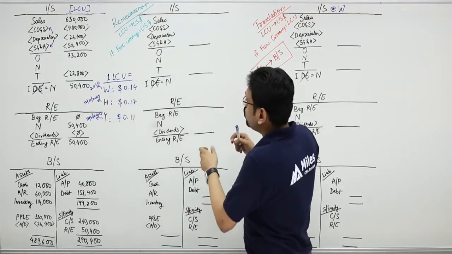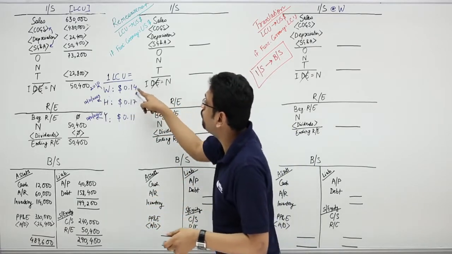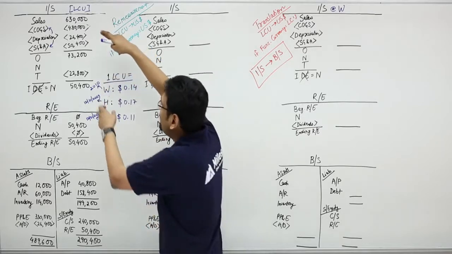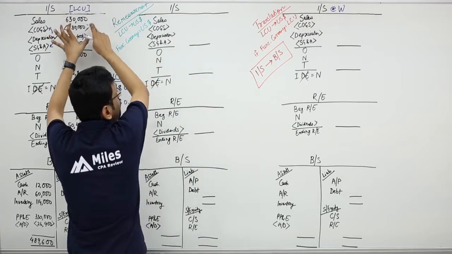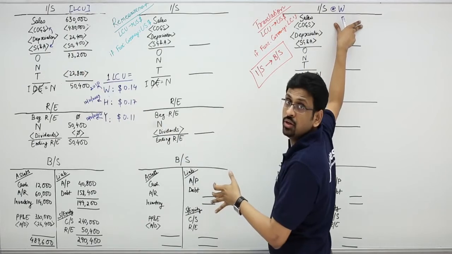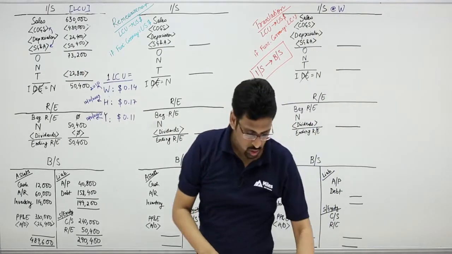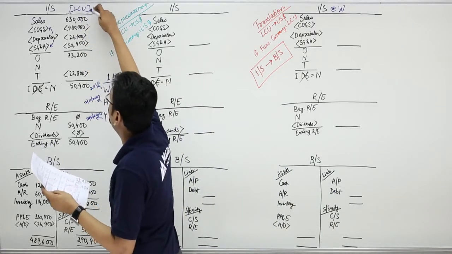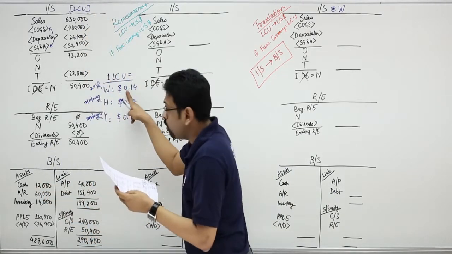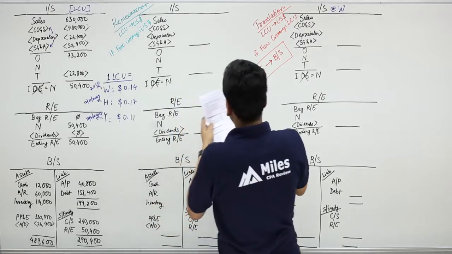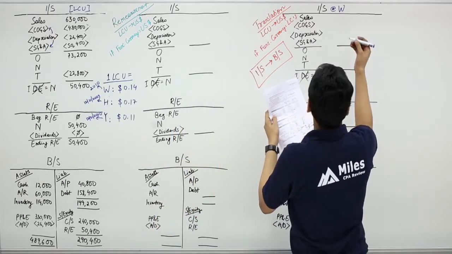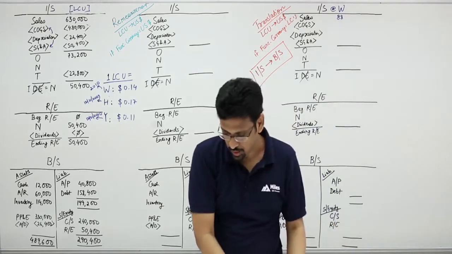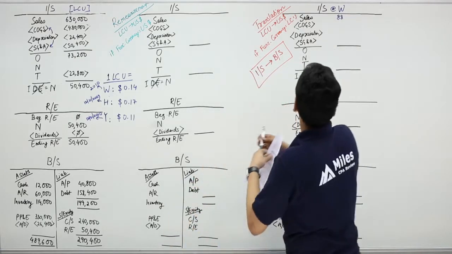So for the income statement, we're going to use the weighted average exchange rate. If we use this weighted average rate of 14 cents for all these numbers, we can translate the local currency unit numbers to dollar numbers here. So looking at the numbers, 630,000 local currency units into 14 cents gives me $88,200.